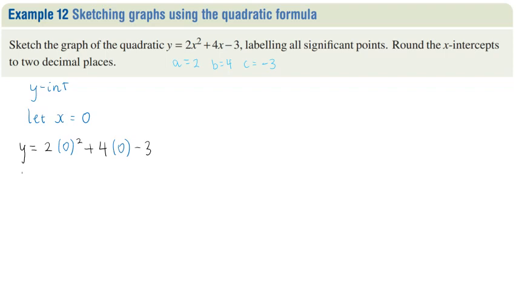And I just work out what that equals. So 2 times 0 squared is 0. 4 times 0 is 0, minus 3. So y equals negative 3. That's my y-intercept.